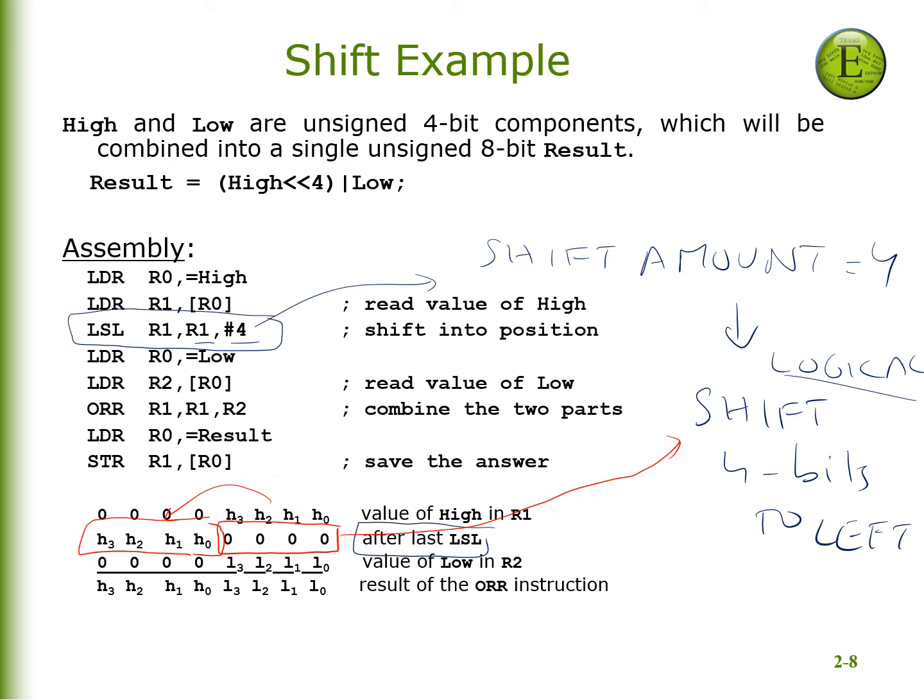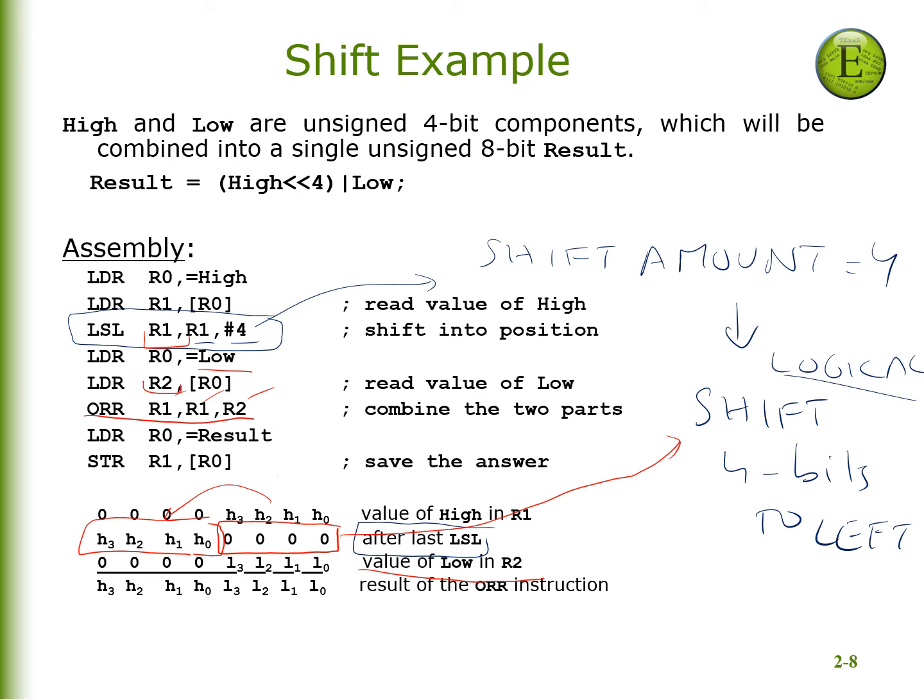And then we are going to perform the OR operation with R2. So taking the OR operation, R1, R2 going back into R1. And remember, R2, according to this code segment, contains the low variable. So the high variable contents were contained in R1. The low variable contents are contained in R2.